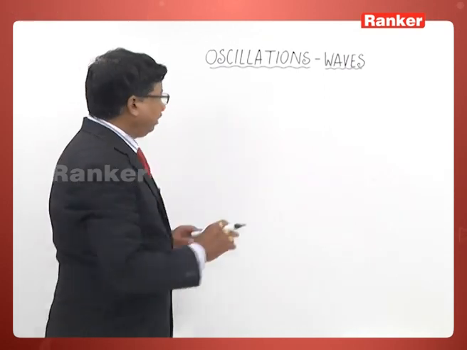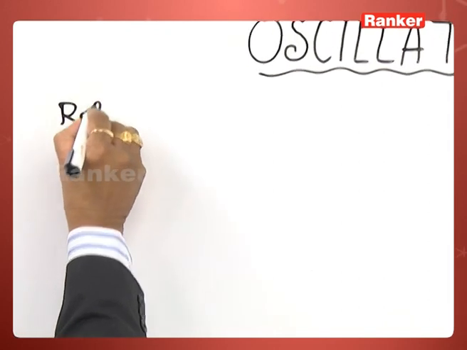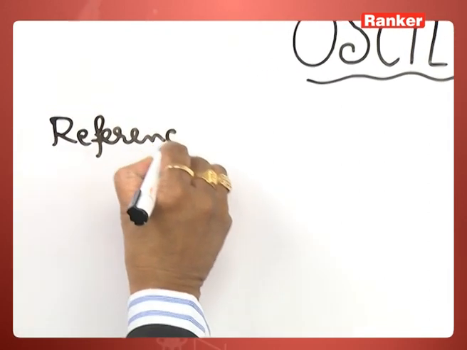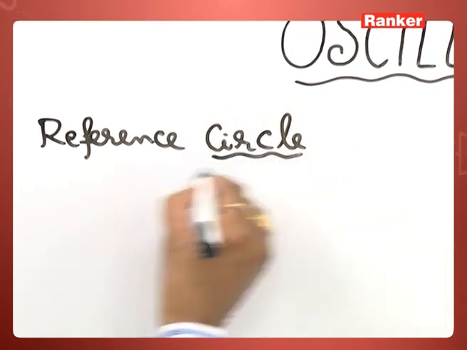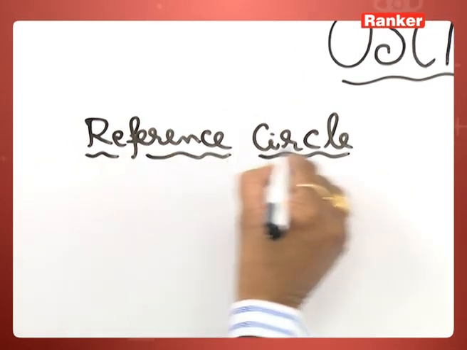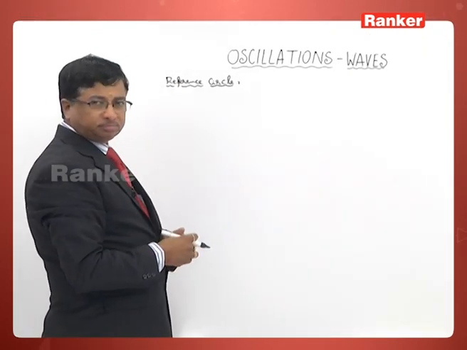So, if you take the concept of the reference circle, in fact this reference circle tells us the basic concept of oscillation of a body.